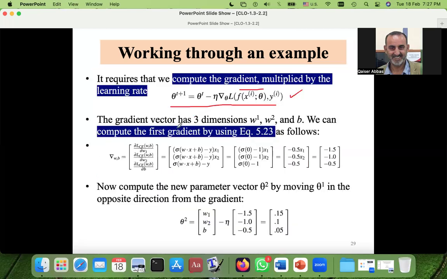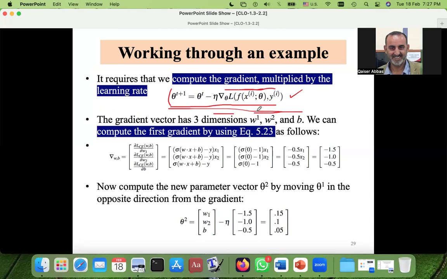This is our equation to get the value for theta. But for that, we have to calculate the gradient. And how will we calculate the gradient? First you must know how many weights you have, how many dimensions. Here we have the word dimension. So how many weights do I have?